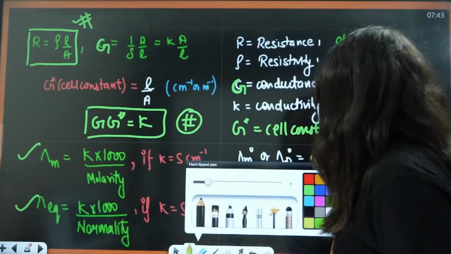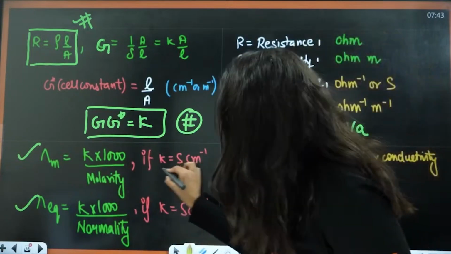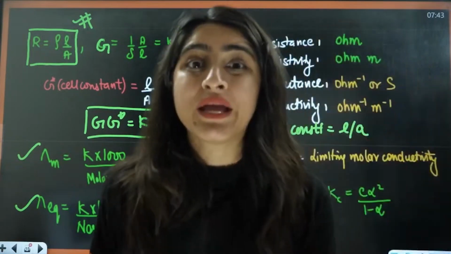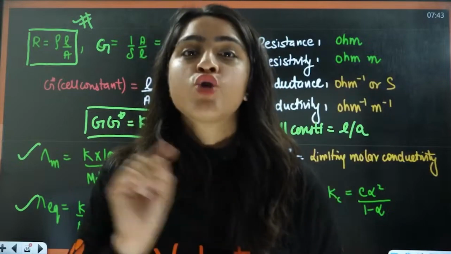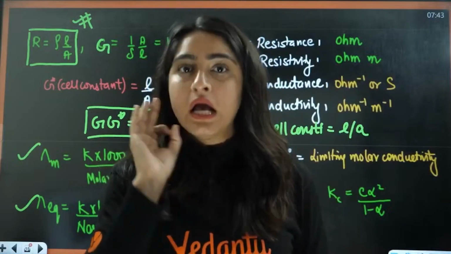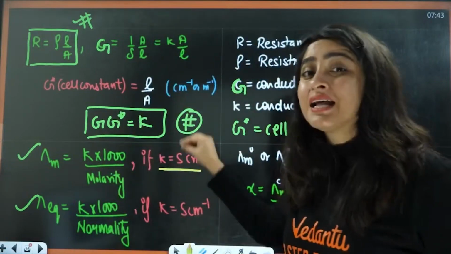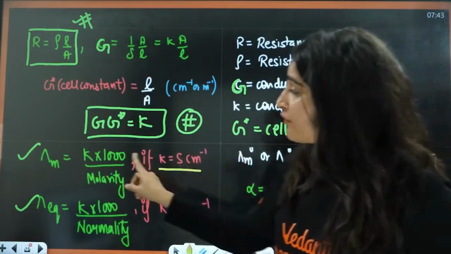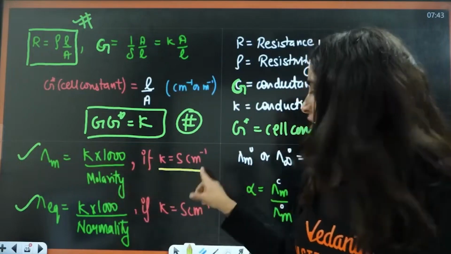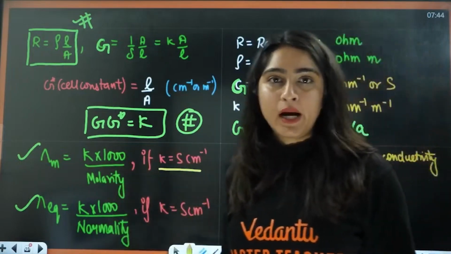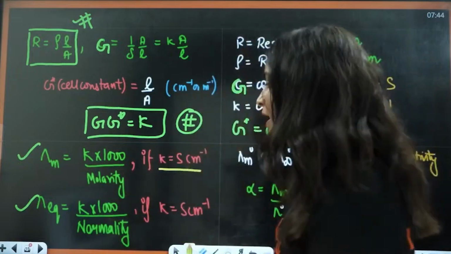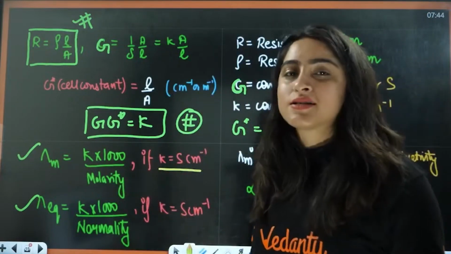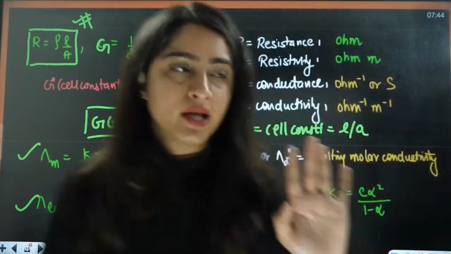Very important point: kappa must be in Siemens per centimeter, not Siemens per meter. If it is per centimeter, it is multiplied by 1000. If it is in meters, it is not multiplied by 1000. Usually they will give kappa in Siemens per centimeter only.